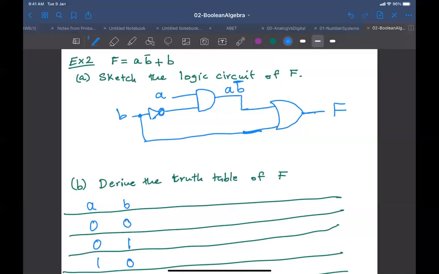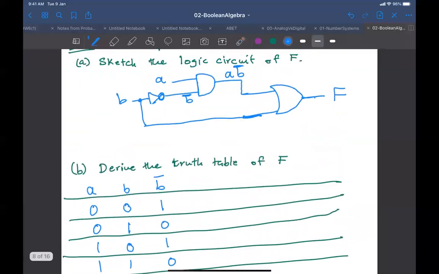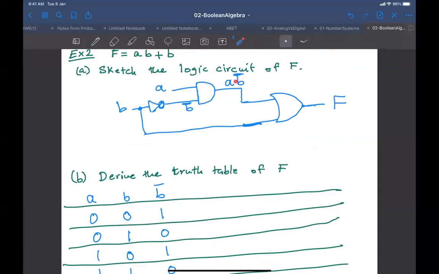However, before computing this signal, which is this wire, we need to compute B complement. So where is B complement? It's here. We have to list B complement first. B complement is equal to the opposite of B. Excellent, which is 1 0 1 0. And then we can compute this now, which is A ANDed with B complement.